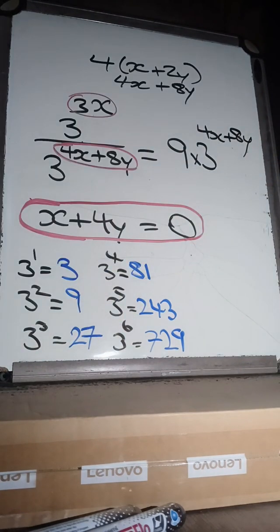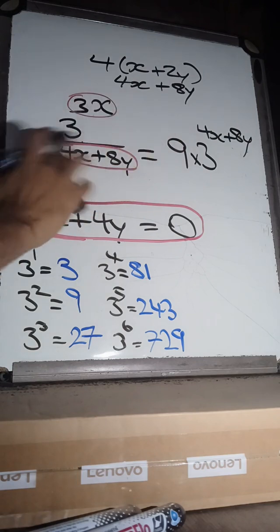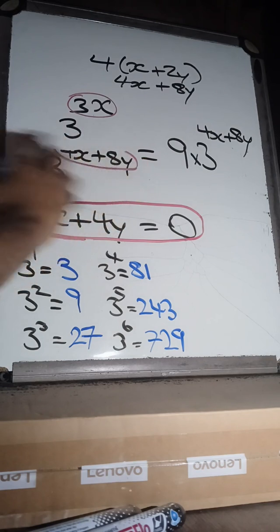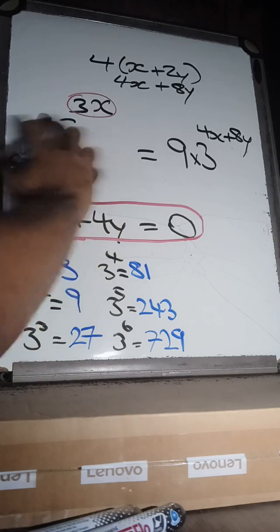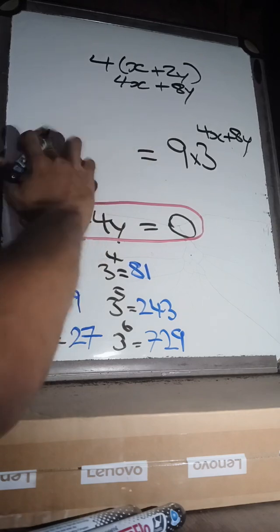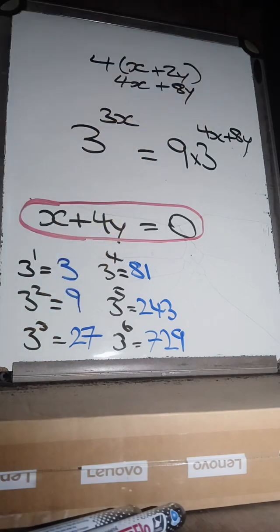So therefore, when this is multiplied by that, it multiplies by this as well, leaving us with 3 to the 3x is equal to all of that. So fine.